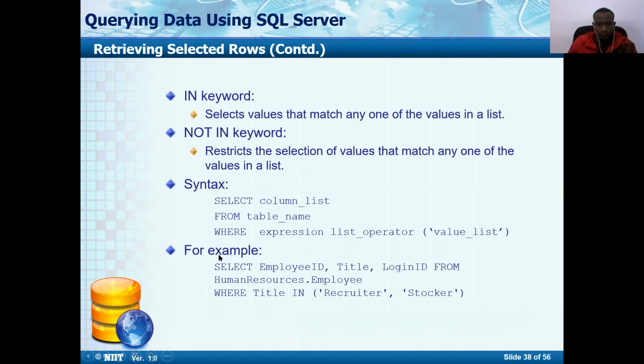So if we have this: select employee ID, title, login from human resources.employees where title in recruiter, stalker, we are saying we want to select employees who are either recruiters or stalkers. That's what it means.